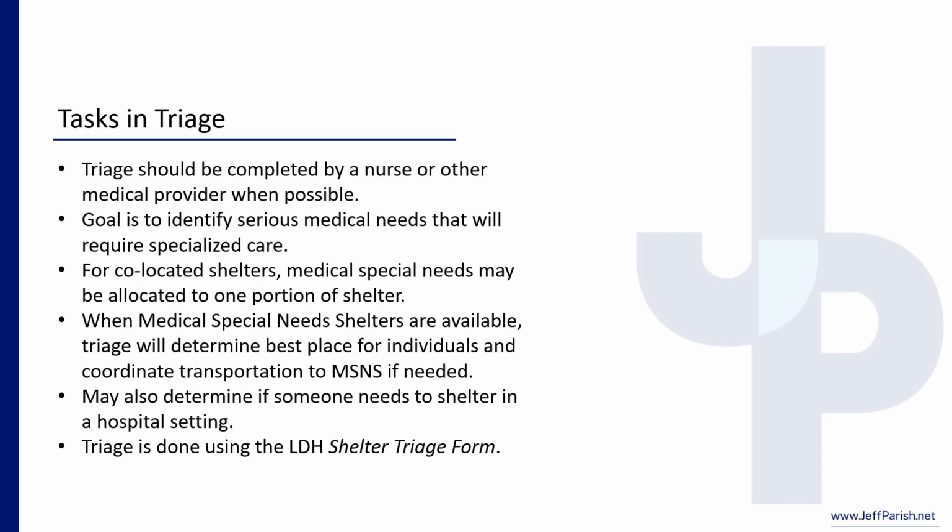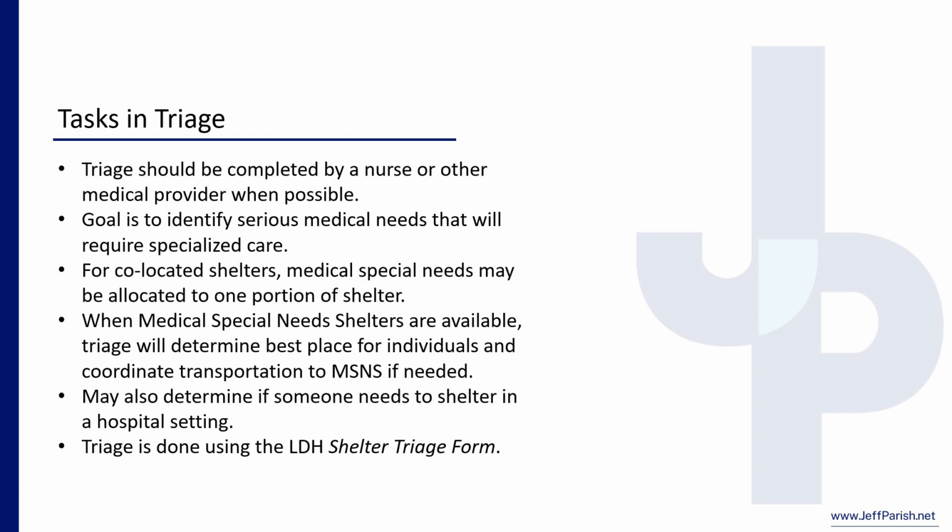Triage is an important part of the shelter to ensure there aren't any immediate medical needs and that people are redirected to a hospital or medical special needs shelter if necessary. Triage should be completed by a nurse or other medical provider when possible. Sometimes we may co-locate people with medical special needs into a general population shelter.